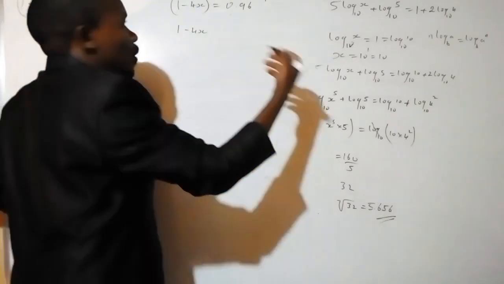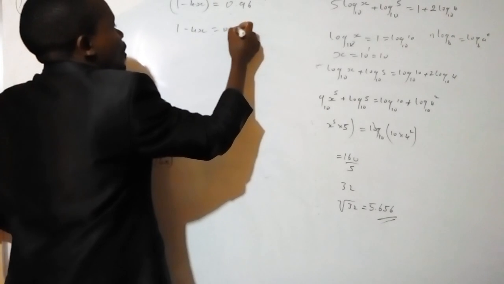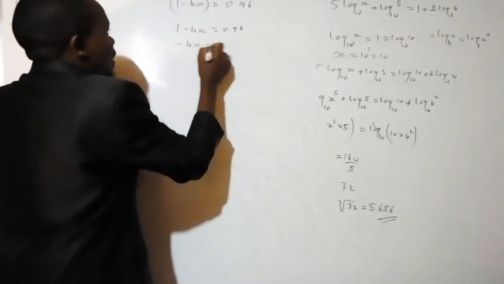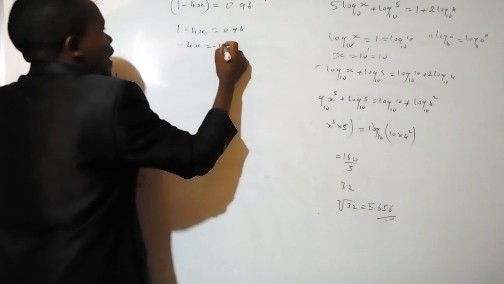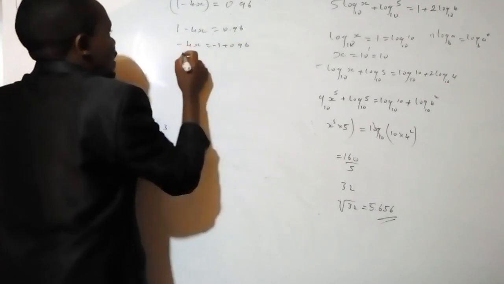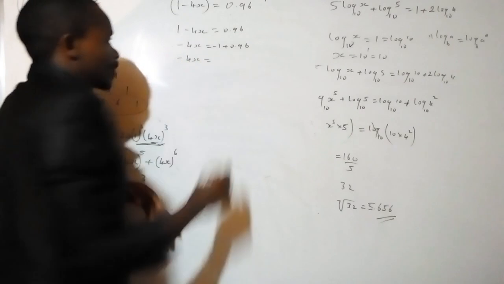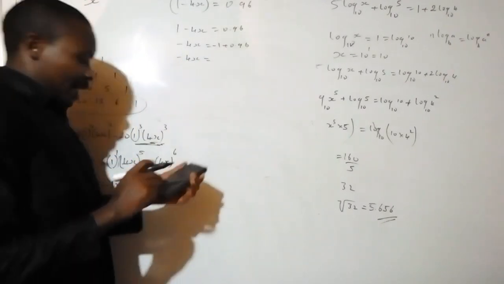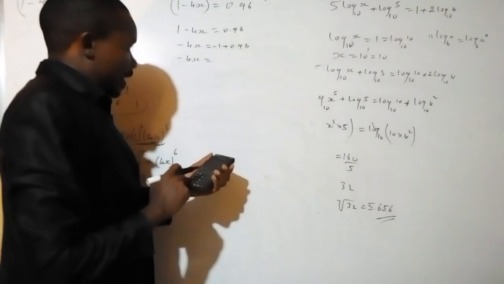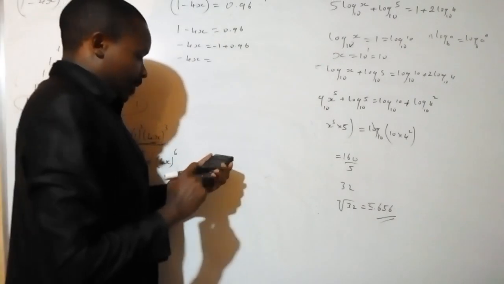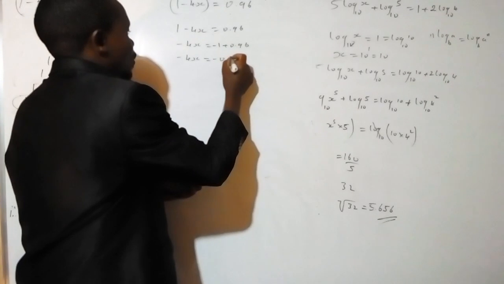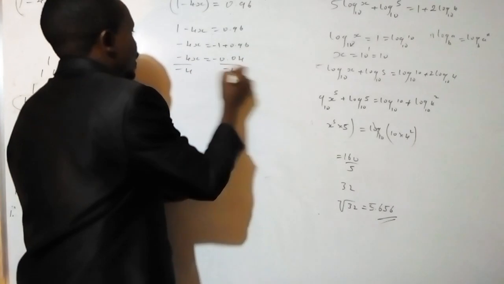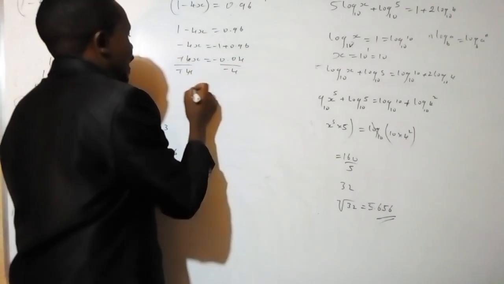Is equal to 0.96. Like terms, negative 4x is equal to negative 1 plus 0.96. Negative 4x is equal to, let's see, 1 minus 0.96, yeah, it's negative 0.04. You divide by negative 4 on both sides, and you get x is equal to 0.01.